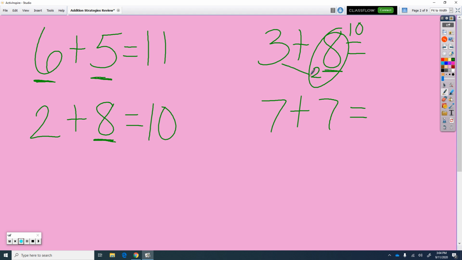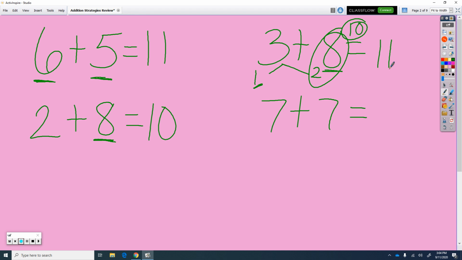And I got the 2 from this 3. I'm going to kind of borrow some from him. And if I borrow 2 from him, I'd only have 1 left over. So it's like saying, well, 8 and 2 together make 10, and then I had 1 left over. So 10 and 1 more would be 11. And we worked on Friday about adding with 10 and trying to make the 10 plus number so fast.